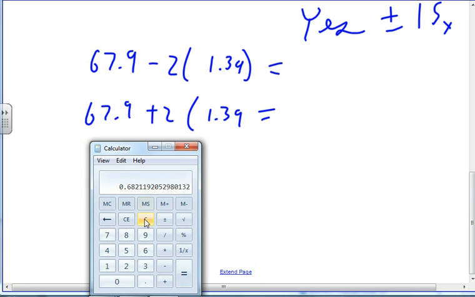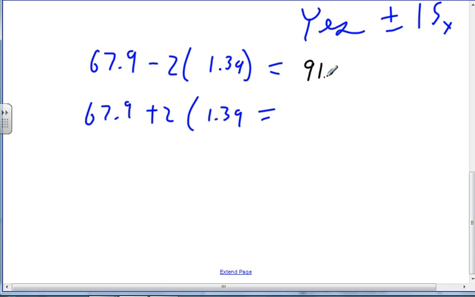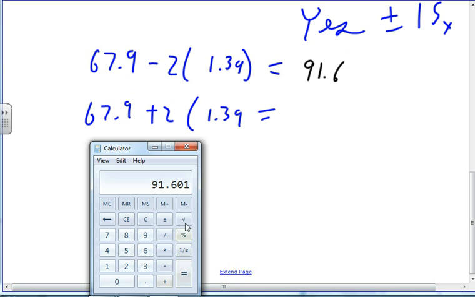I'm just blessed, I know. 67.9 minus 2 times 1.39. Well, I guess it's the other way. Minus 2.